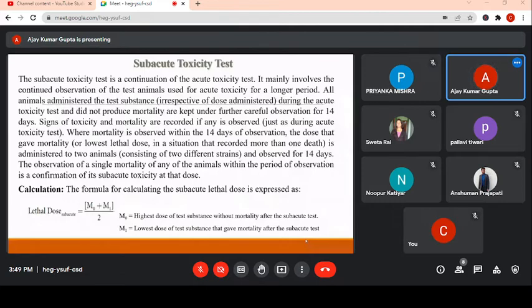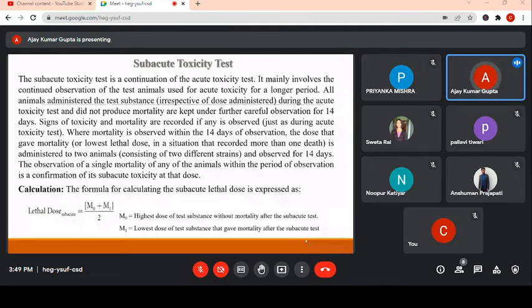Signs of toxicity and mortality are recorded if any is observed, just as during the acute toxicity test, where mortality is observed within 14 days of observation. The dose that gave mortality, or the lethal dose in a situation that recorded more than 1 death, is administered to 2 animals.